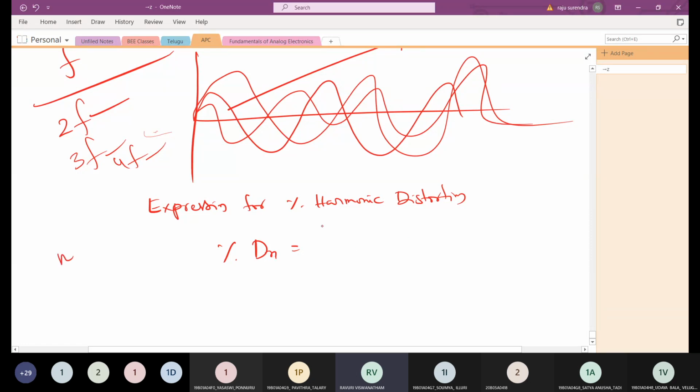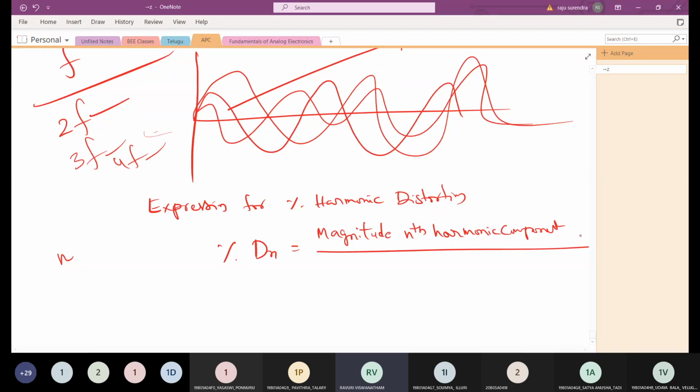We have to calculate the magnitude of the nth harmonic component divided by the magnitude of the fundamental component, multiplied by 100.